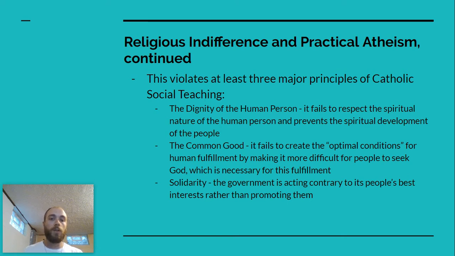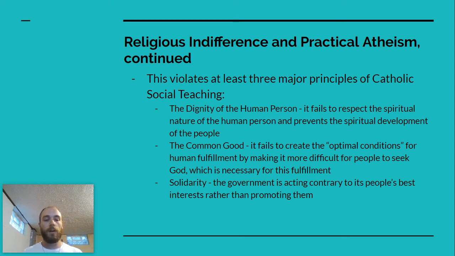Almost all of these, a little spoiler here, will in some way violate the dignity of the human person. The common good then. It's violating the common good because it fails to create those optimal conditions for human fulfillment, because it makes it more difficult for people to seek God. Obviously a problem.